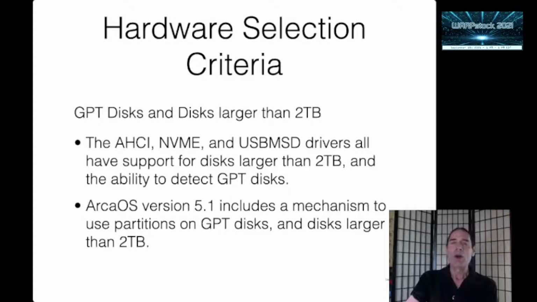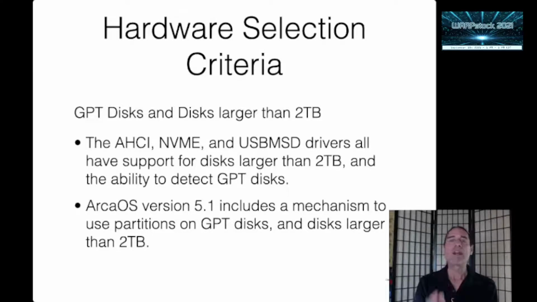Now, ArcaOS 5.1 includes a mechanism to be able to use partitions on GPT disks and disks larger than 2 terabytes. So even though you cannot use these big disks on ArcaOS 5.0, you can use them on ArcaOS 5.1. ArcaOS accesses data on GPT disks through an emulation mechanism that makes GPT partitions of up to 2 terabytes look like MBR disks to ArcaOS.